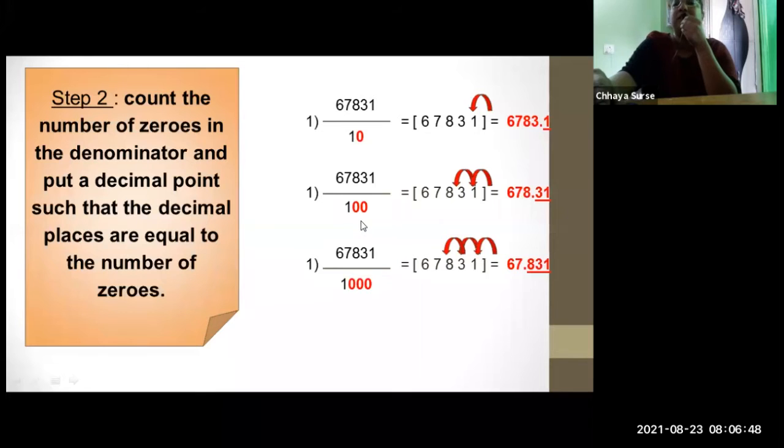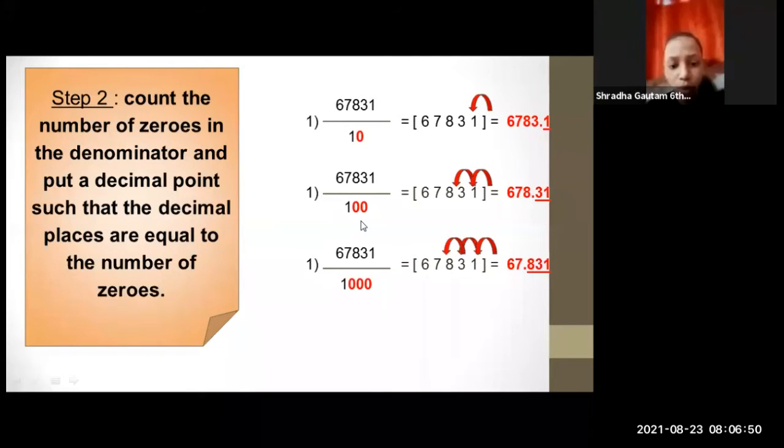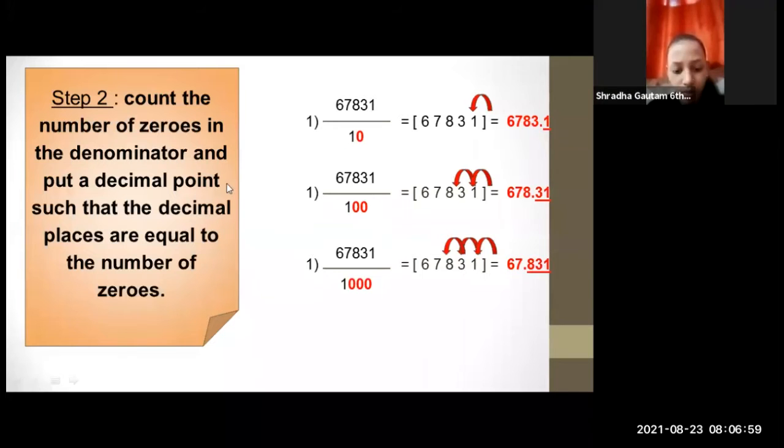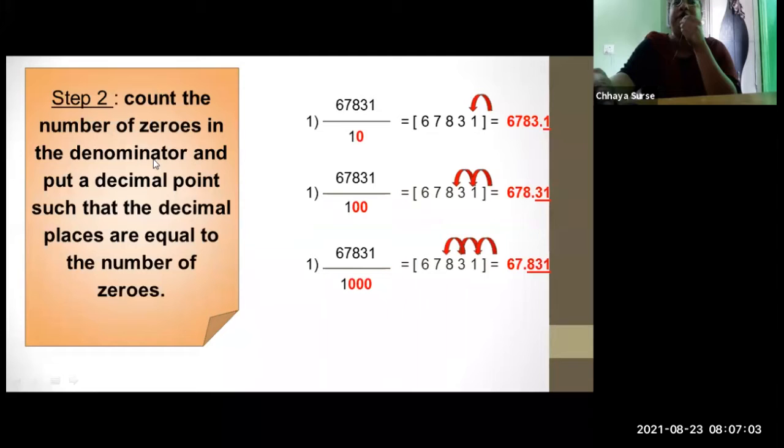How many zeros are here? Yes, Ruchi, two. And how many zeros are here? Three. So count the number of zeros in the denominator and put a decimal point such that the decimal places are equal to the number of zeros.